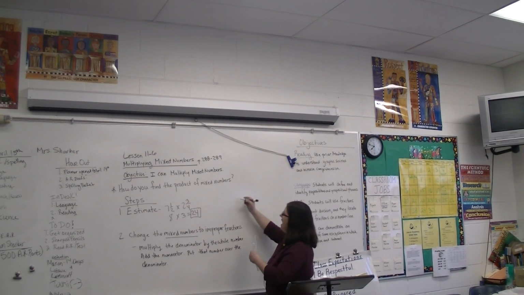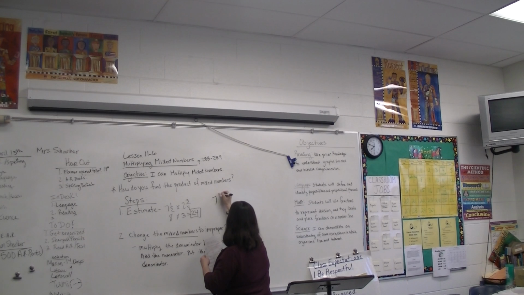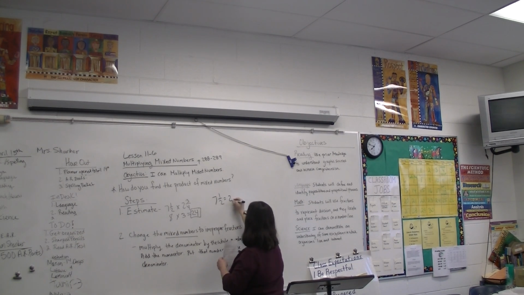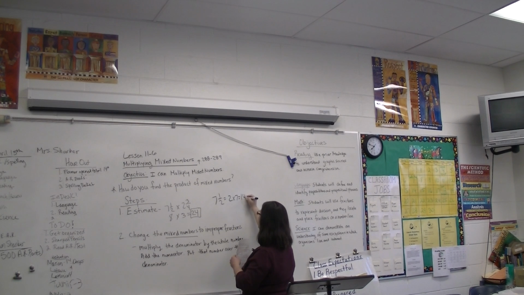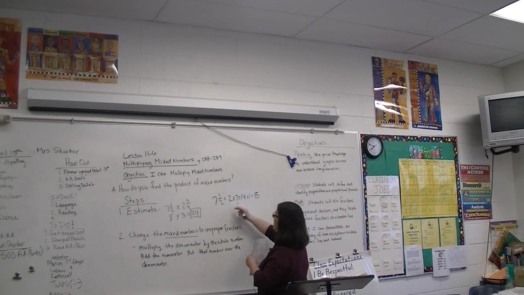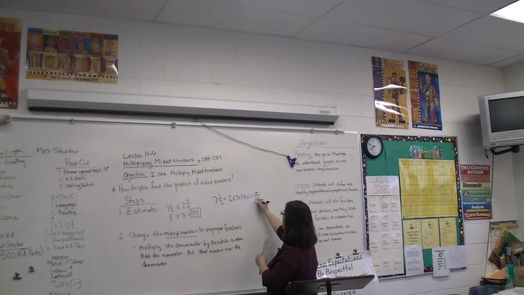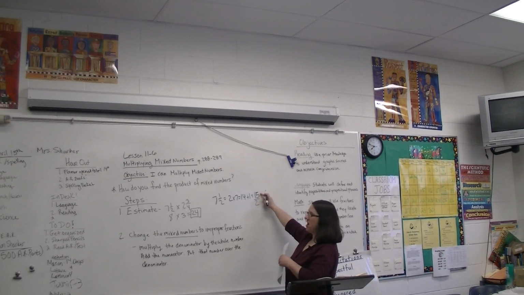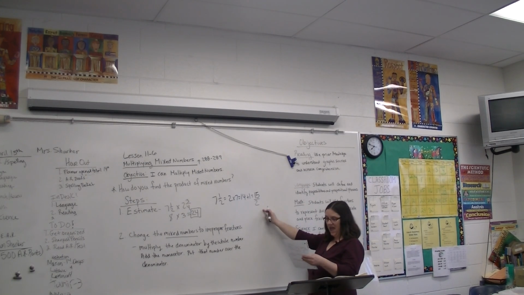So when you have 7 1/2, you take 2 times 7, which is 14, add your 1, plus 1, which is 15, and our denominator is 2, so you put that over 2. So now 7 1/2, our improper fraction, is 15 halves.